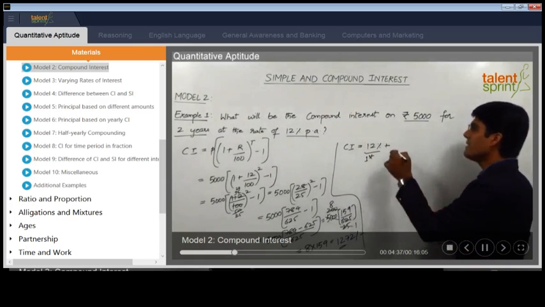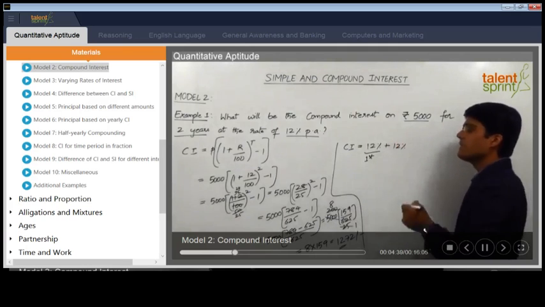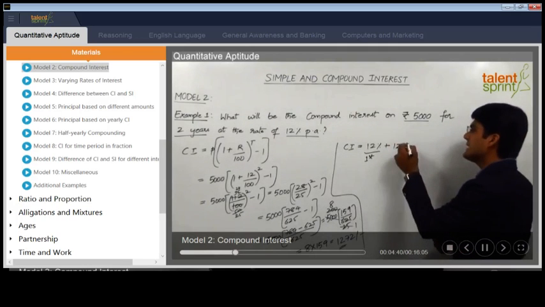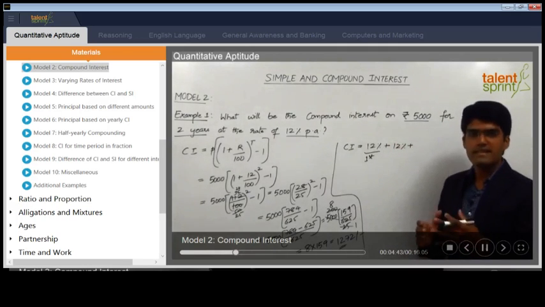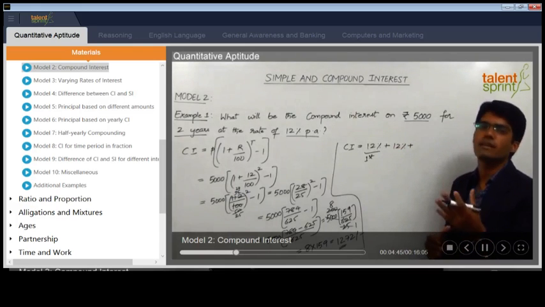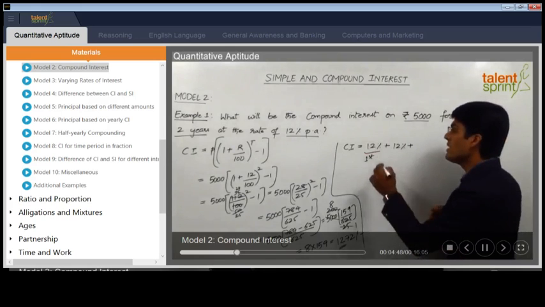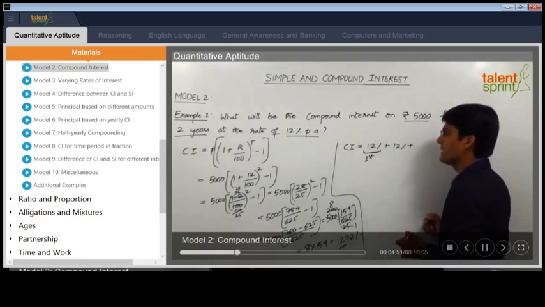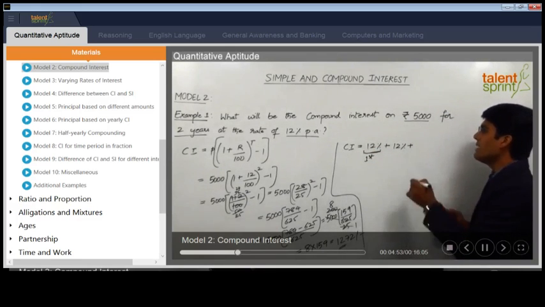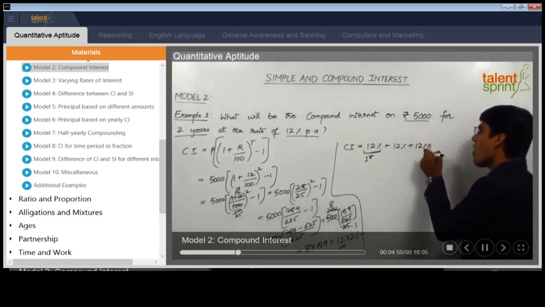So in the second year, the interest that we get on principal will be 12%, plus there will be some extra amount. This extra amount is nothing but interest on interest. And here that interest will be earned on first year's interest, which is 12% as we have already calculated. So the extra amount that we get will be 12% of 12%, that is first year's interest.